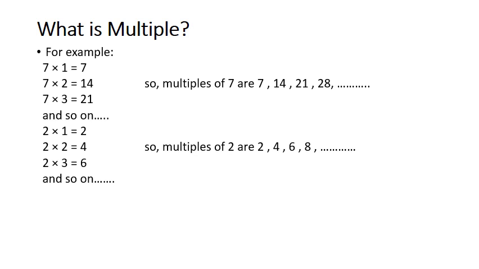When you multiply 2 with 3, its product is 6. So these 2, 4, 6 are called multiples. And if you wish, you can find many more multiples of 2. So, the multiples of 2 are 2, 4, 6, 8, and so on. Now, if you observe the multiples of 2, they are all even numbers.